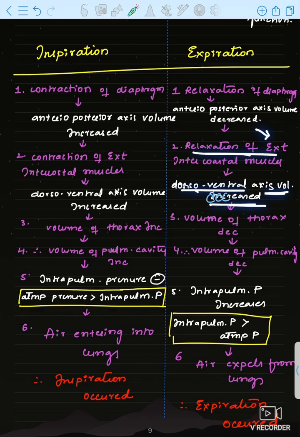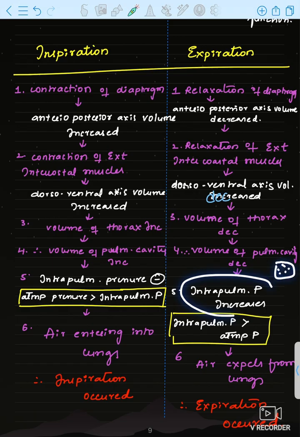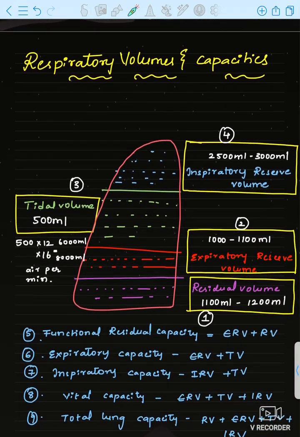Volume of thoracic cavity will decrease, volume of pulmonary cavity will decrease. Now volume is decreasing means what? Intrapulmonary pressure increases, it is more than atmospheric pressure, that's why air will be expelled from the lung and expiration will occur. So this is the mechanism of inspiration and expiration. So we will go forward, students.